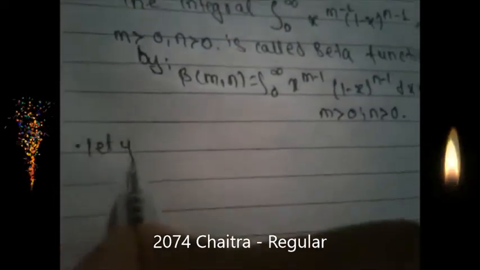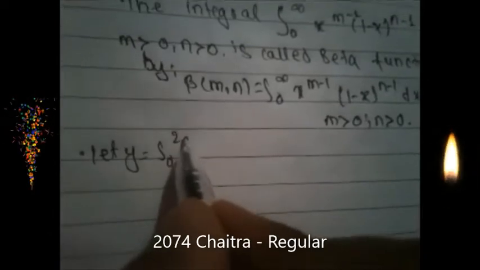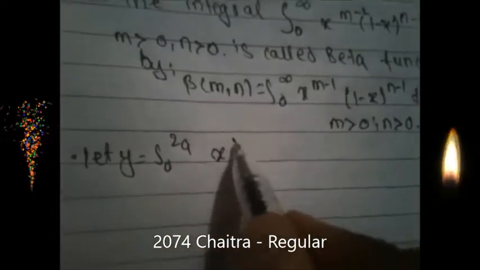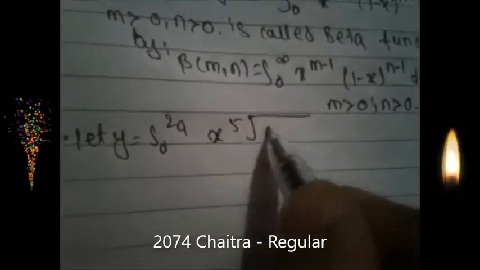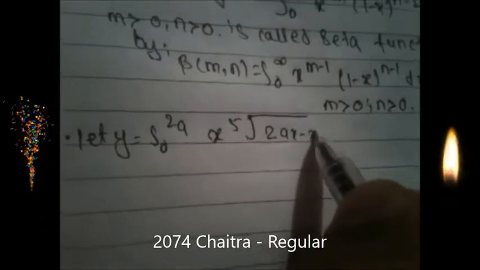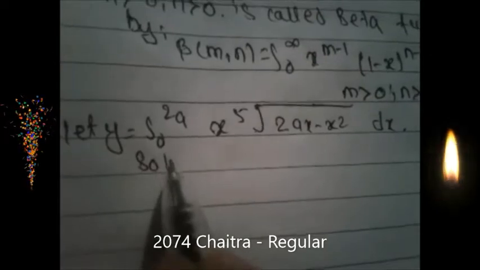The next question asked is: evaluate y is equal to the integral from 0 to 2a of x to the power of 5 times the root of 2ax minus x square, dx. We solve for this.